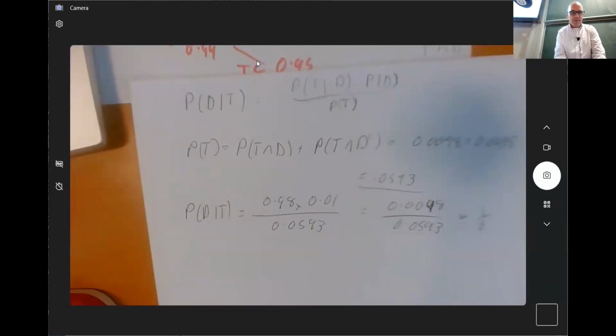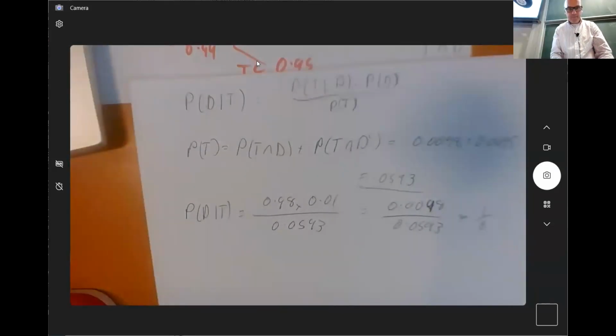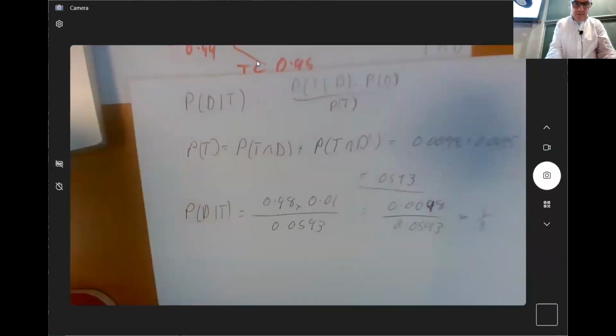All right, so we know that when we want to do a calculation in Excel, we start with an equal sign. I actually want to repeat some of these calculations just to make sure I've got it right. So I want to do 0.98 times 0.01. That's going to be one number.